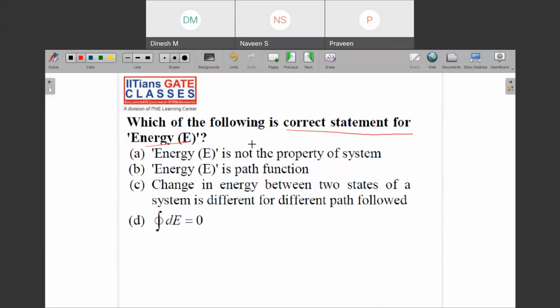But if you remember, in the first law we have seen that dQ was delta U plus dW. Then the difference dQ minus dW is delta U. It is also true that the difference between two path functions is always a point function. So delta U is energy anyway.